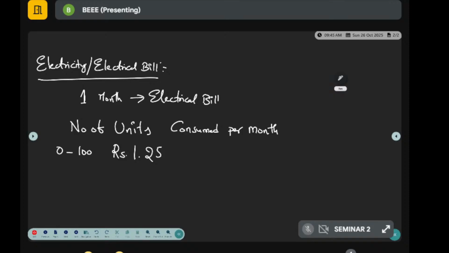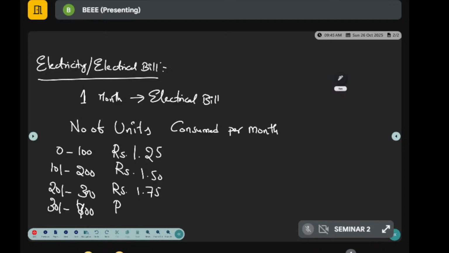This is tentative rupees, not a fixed one; you may say it is an assumed one. 101 to 200, rupees 1.5. 201 to 300, rupees 1.75. 301 to 400, rupees 2.5. And so on, 401 to 500, it will increase, rupees 3.